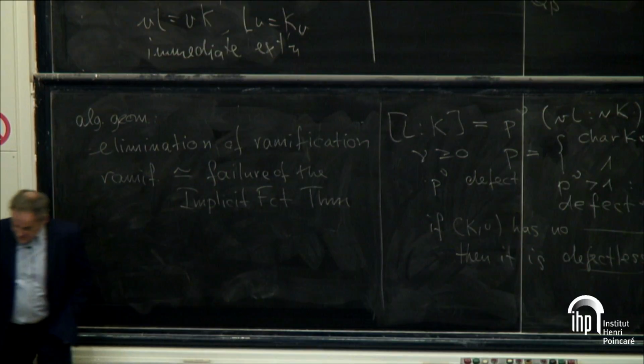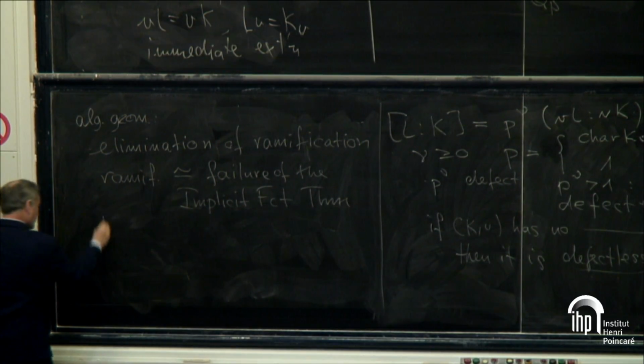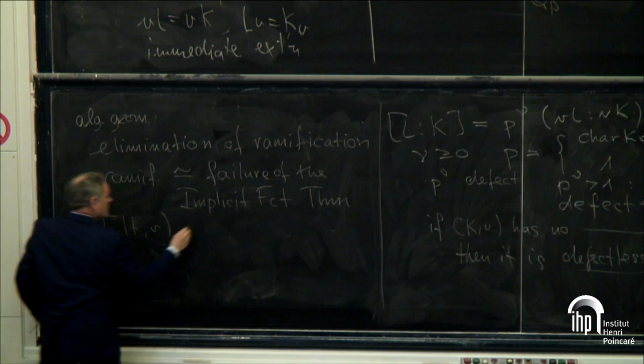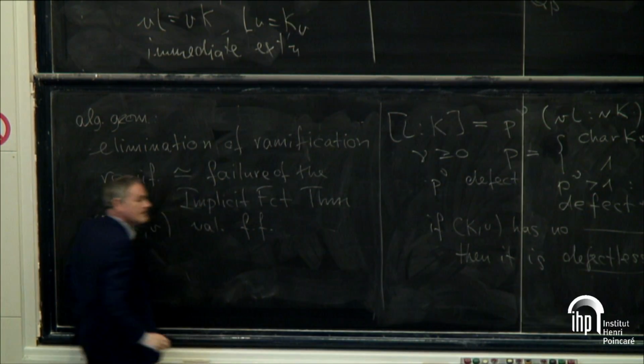So what does elimination of ramification mean for a valued function field? So you have F over K, your valued function field.